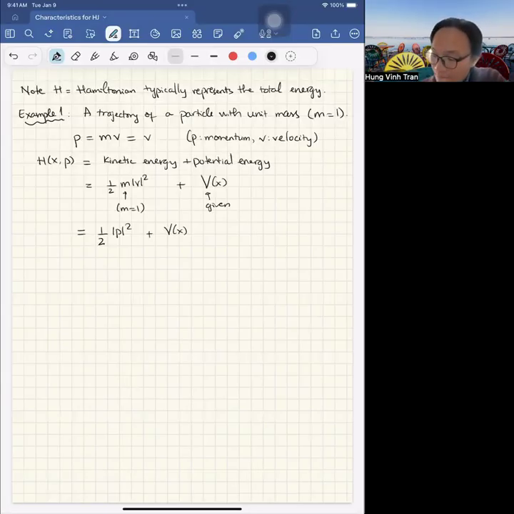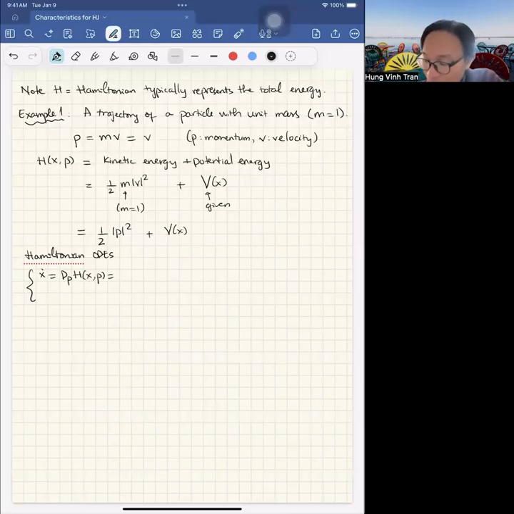Okay. Now let's write out our Hamiltonian system ODE. I would have x dot equals dp of H of x, p, right? Again, you are given that H of x, p is 1/2 p squared plus V of x. So if I differentiate in p, then 1/2 p squared being differentiated would give me p.